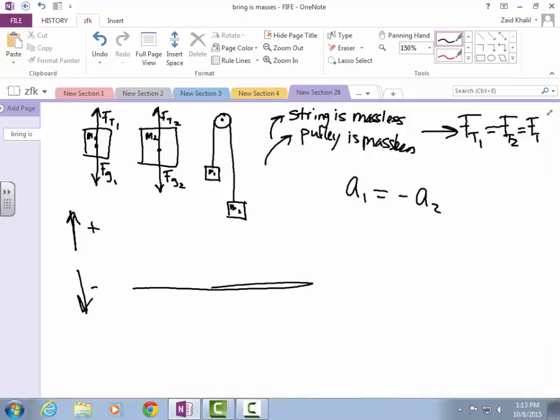Net force equals M1A1. And so what are the forces on it? Ft minus Fg1 equals M1A1. What about on body 2?